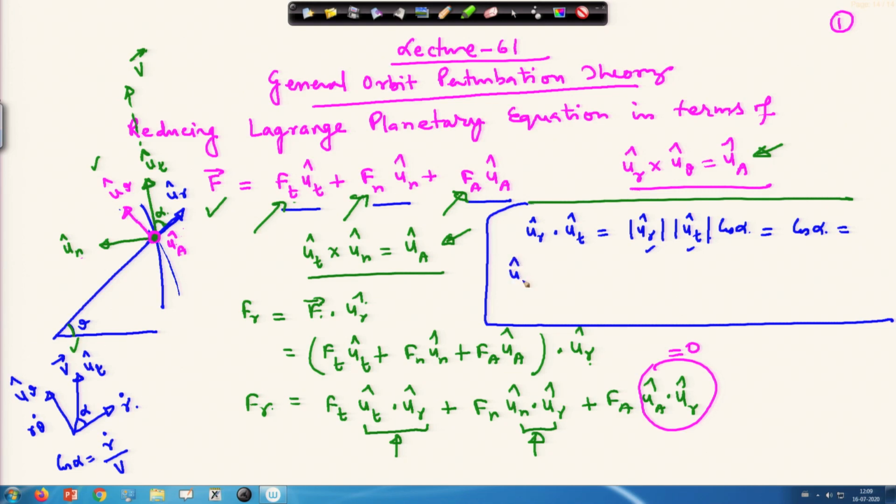So, we have u r cap dot u t cap equal to cos alpha equal to r dot divided by V. So, cos alpha becomes r dot by V. Similarly, the other things we can work out.